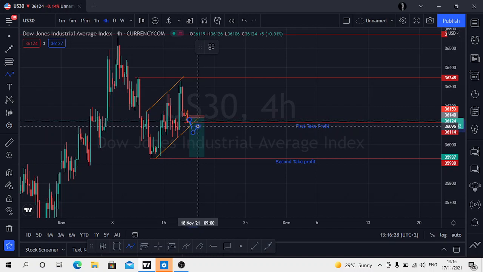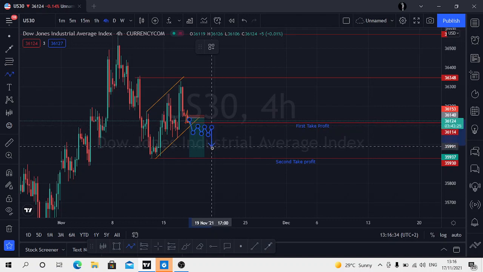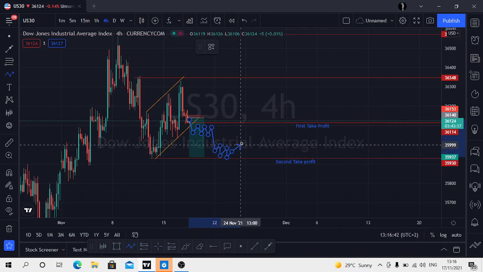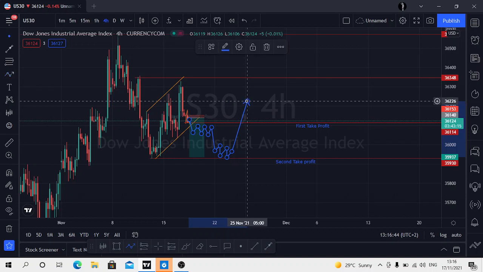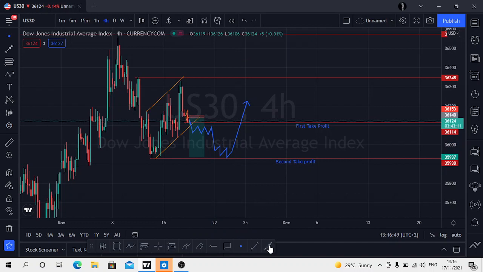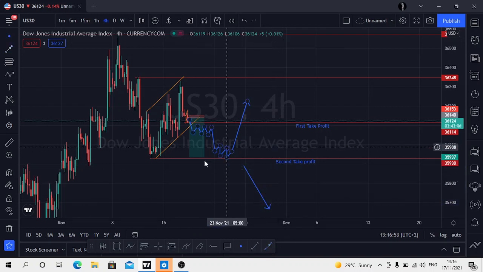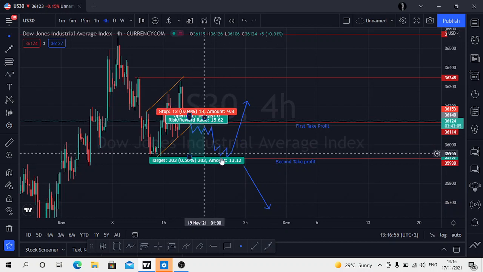Price will want to come here, create our flag pattern, then come back here, maybe just start playing around because this is a significant level of resistance. And then the possibility is that price would want to shoot up, or price would want to shoot downwards.